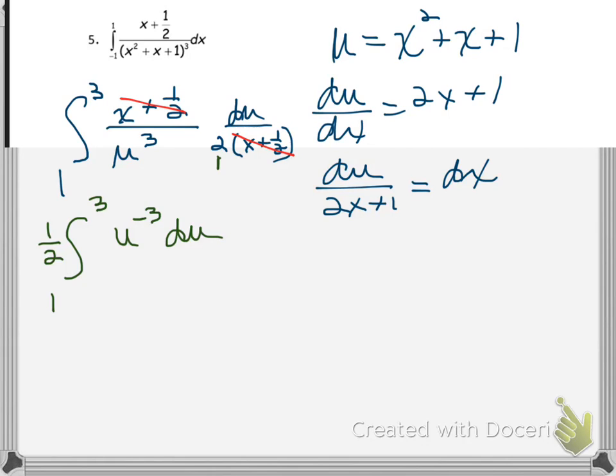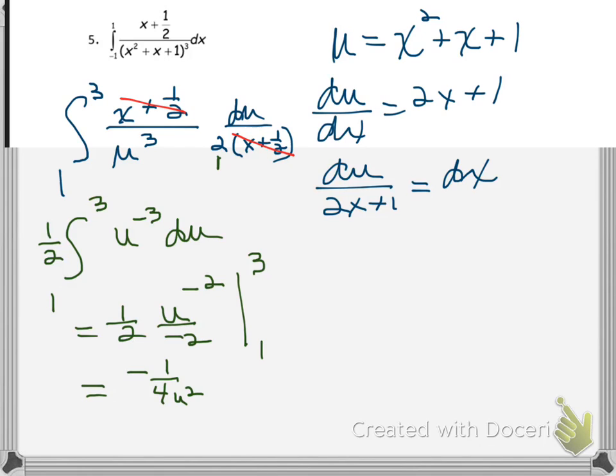Okay, so take that integration, and you should be getting, let's bring the 1/2 back in. This is u to the negative 2 over negative 2. And I'm evaluating that from 1 to 3. I'm going to rewrite this as negative 1/4 u squared.